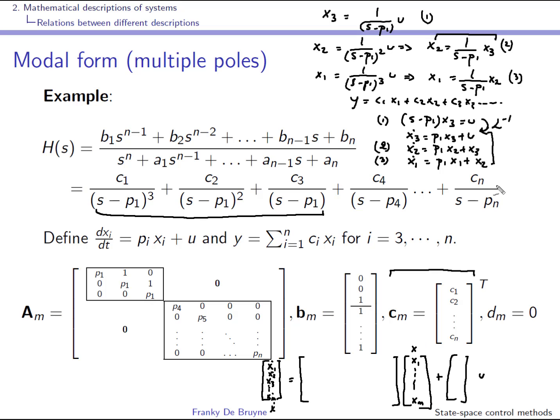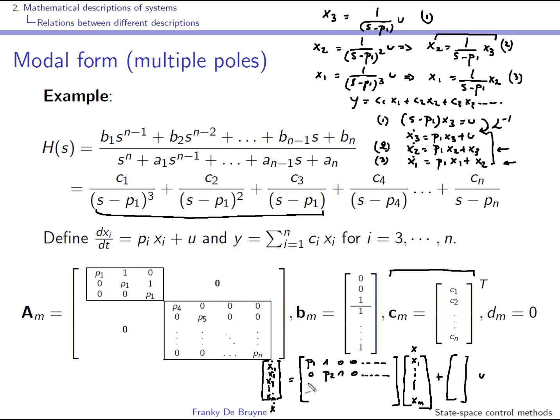So let us take this equation over here, the third equation. What do we see? x1 dot is p1 x1 plus x2, so we have a 1 over here, and then all zeros. The second equation will be this one over here, x2 dot: 0, p1, plus x3, 0, 0, 0.